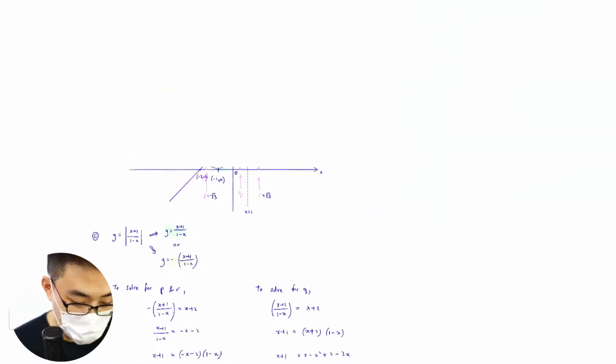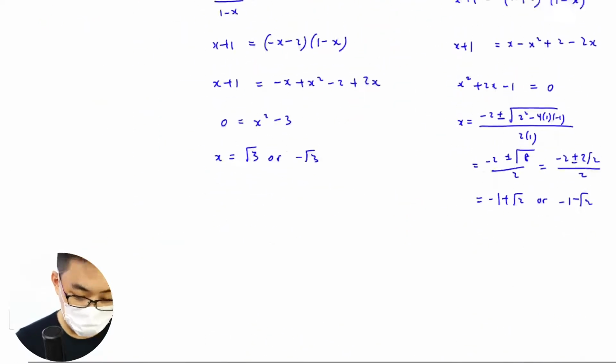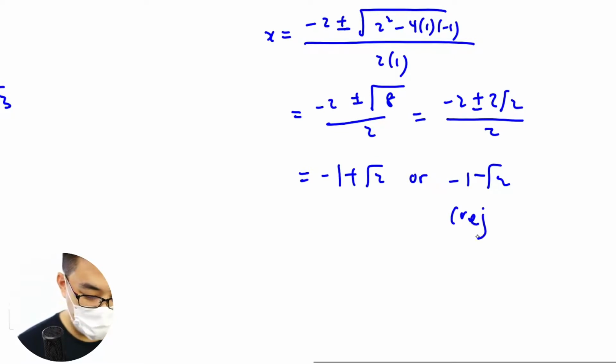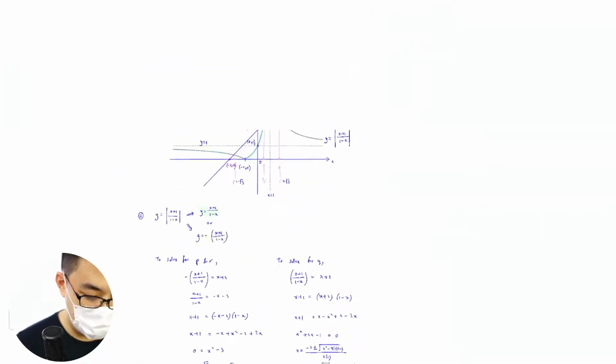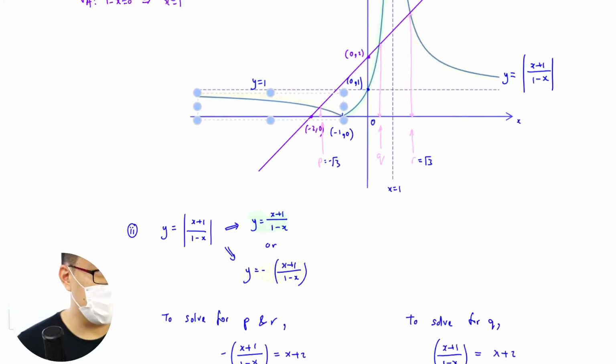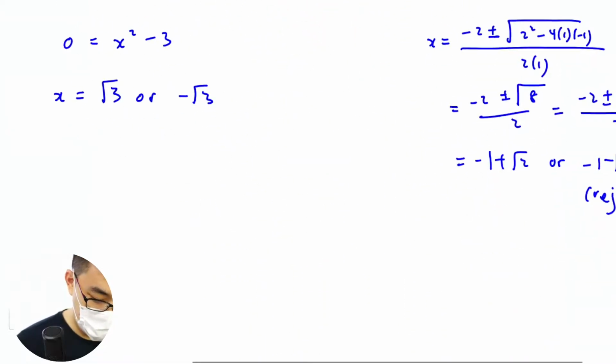Okay, so just look at the intersection point here. This is less than 1, bigger than 0. Less than 1, so reject. Between here, 0 and 1 here. So Q needs to be this one.